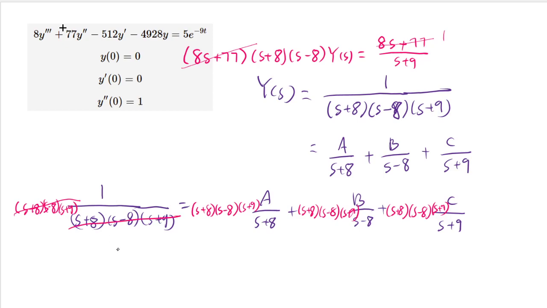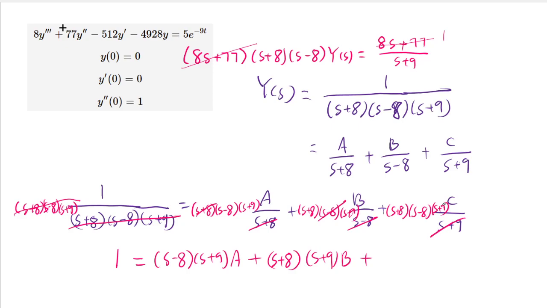It's not that hard. So you're going to get 1, and s plus 8, s plus 8 will cancel, and you get s minus 8, s plus 9 times a. And then s minus 8, s minus 8 will cancel, and you get s plus 8, s plus 9 times b.